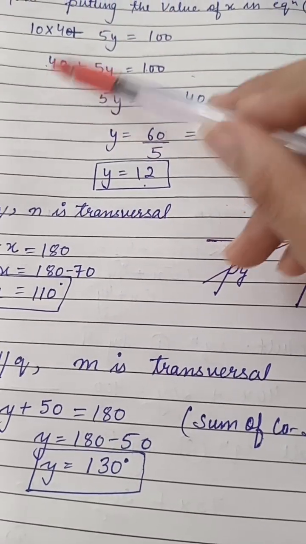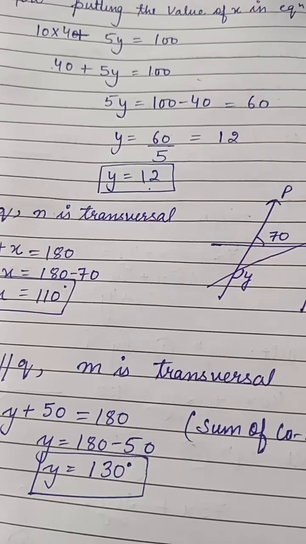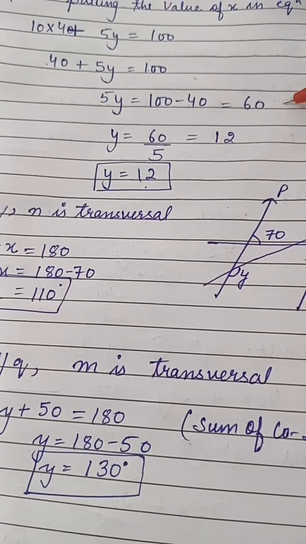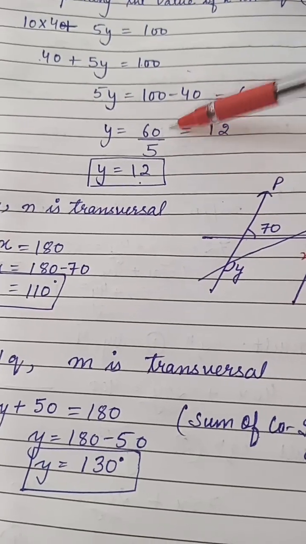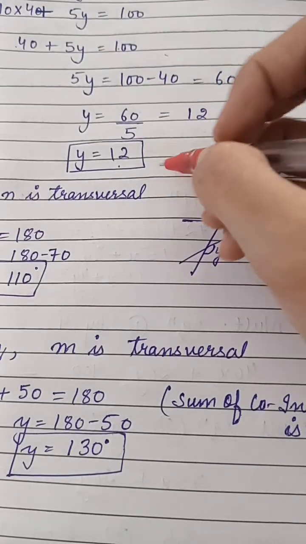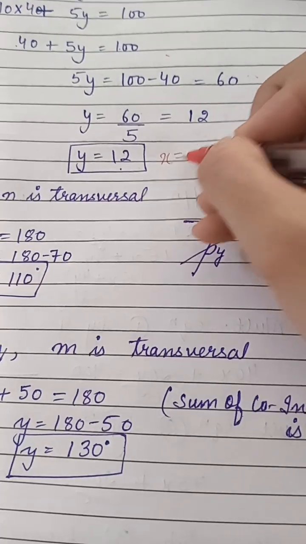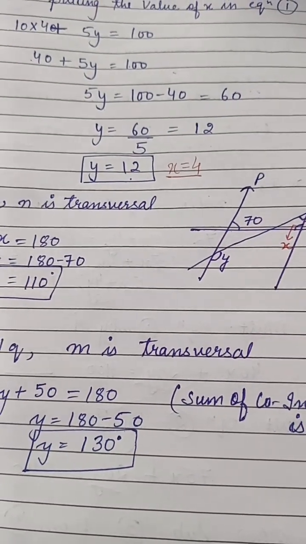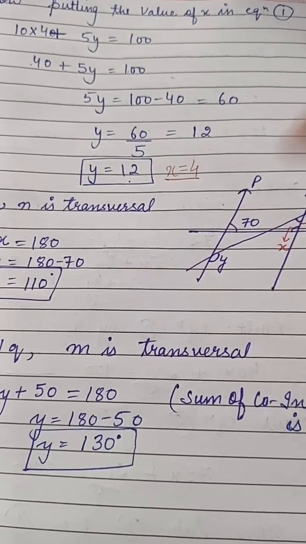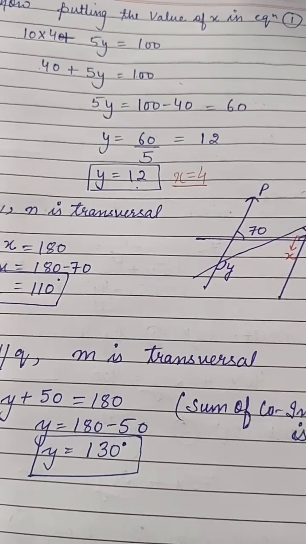Left hand side plus, right hand side minus. 100 minus 40, that is 60. Here it is being multiplied, over here divide, that is 12. Okay, so we get the value of x and y both. X is 4 and y is 12. Okay, you can go through this question at least twice.